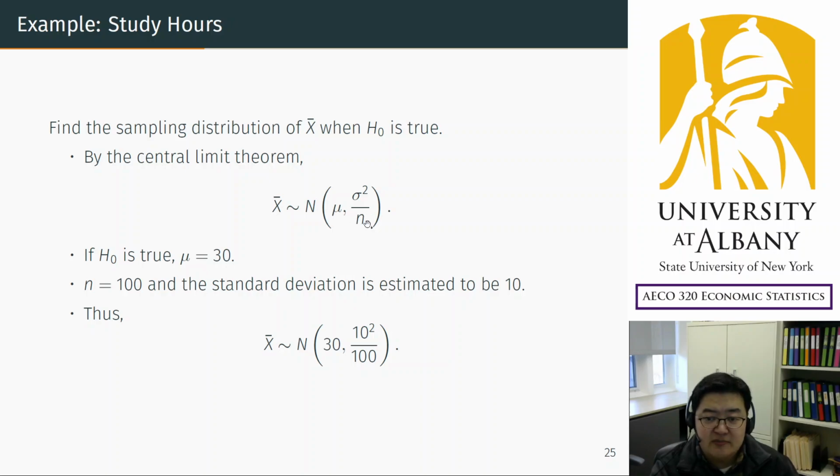And also the sample size is known. Sample size is 100. And standard deviation was estimated to be 10. So we know the sampling distribution of x bar is approximately normal. Okay, that is known. But the parameters are 30 and this. Right? 30 is coming from my hypothesis. 10 is coming from the calculated standard deviation. So one is from the hypothesis and the other is from the data.